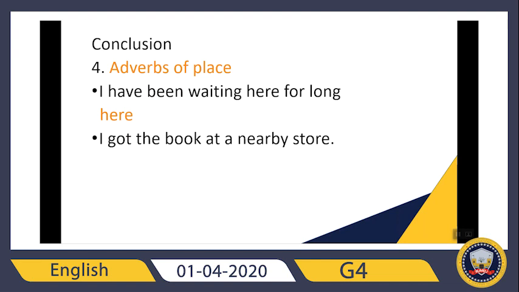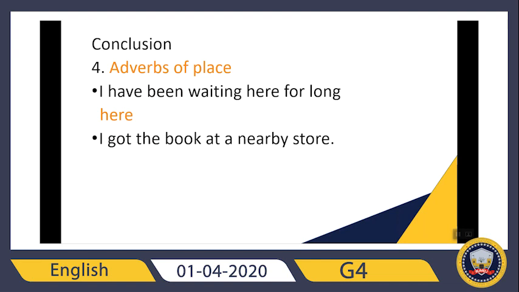So let's look at the next one. I got the book at a nearby store. So who can tell me the adverb in this sentence? You know, to buy something is when you got something. You got the book.